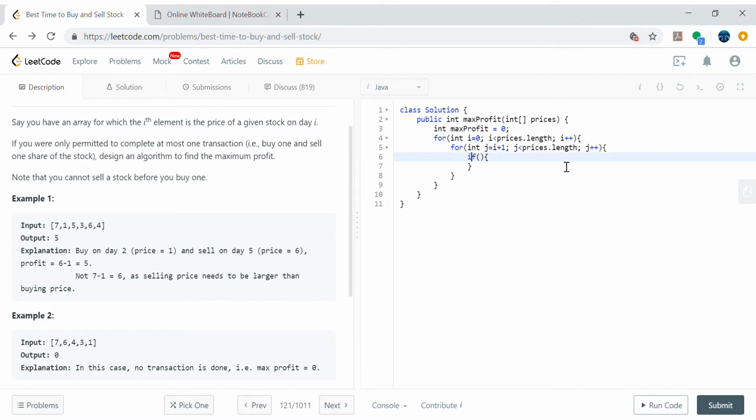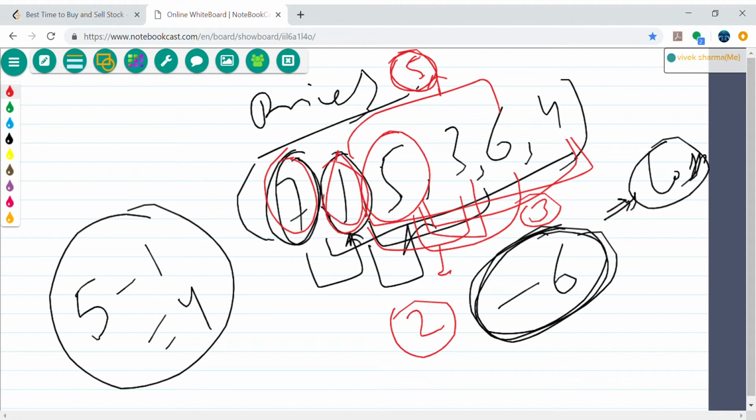And then if prices j is greater than prices i, right? In this case we see 1 is less than 7, so there is no use calculating the profit. We calculate the profit only if the later price is greater.